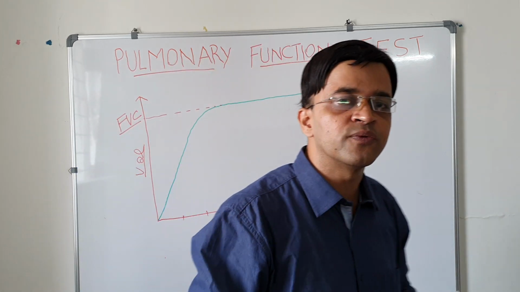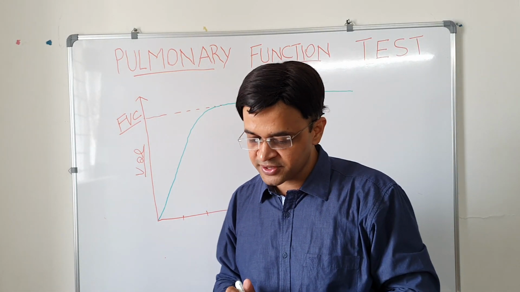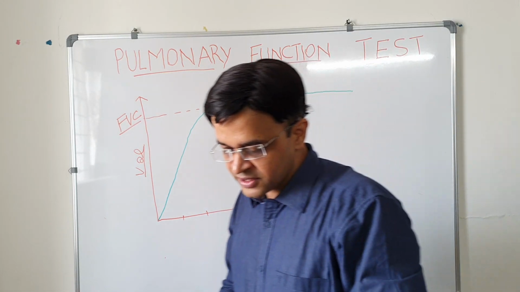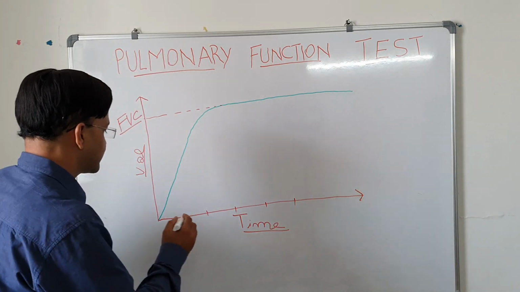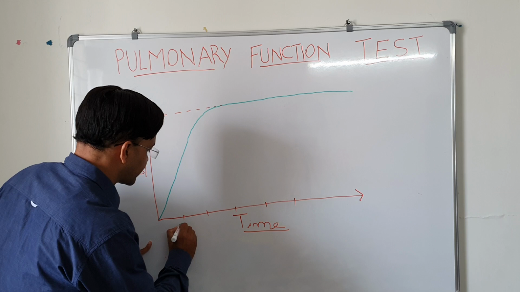But what extra information does this graph give us? Apart from giving that information, this graph is also giving us something else. This was second one.